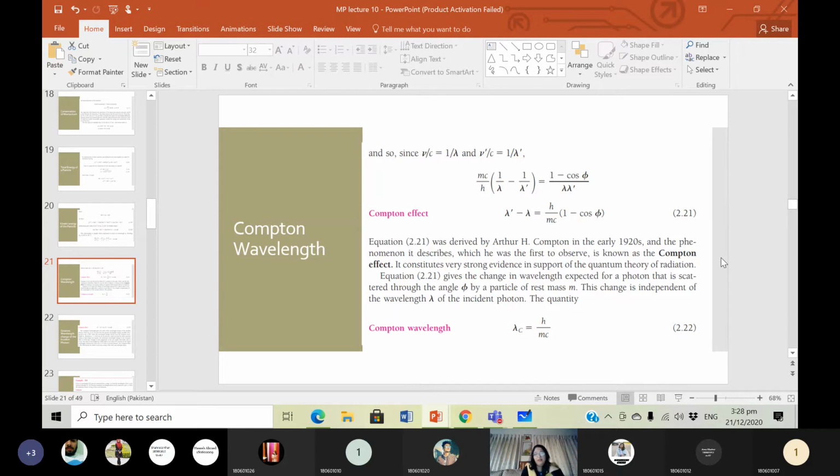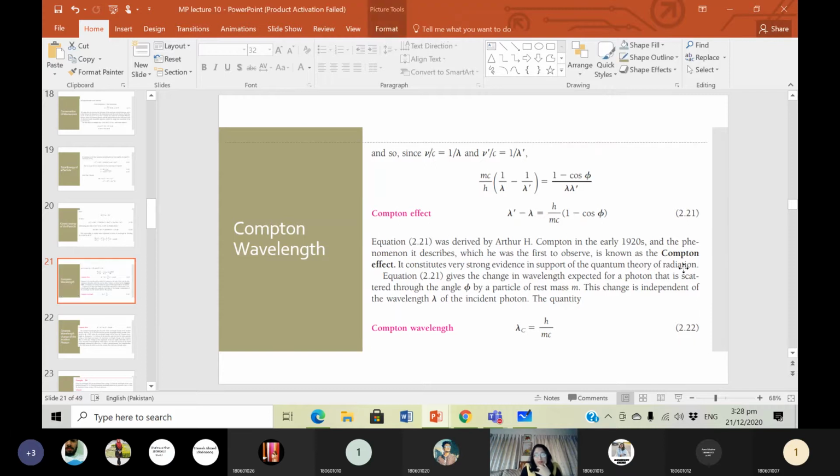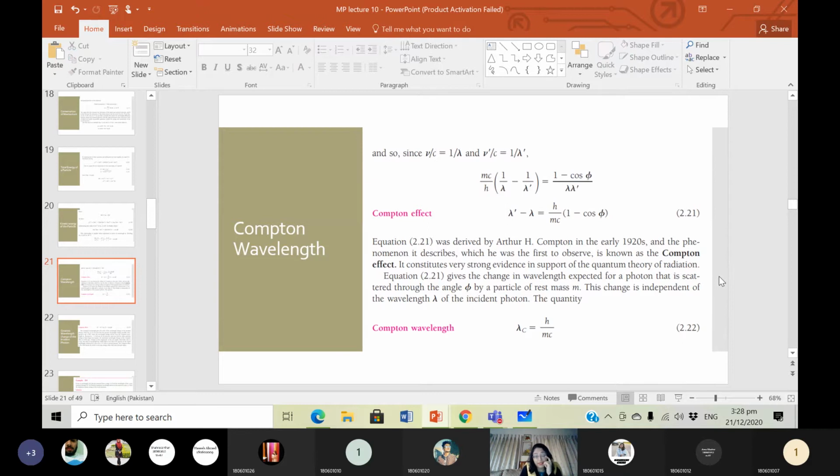Basically, the energy consists of packets, the photon exists in packets of energy, its energy is quantized. That is the quantum theory of radiation.